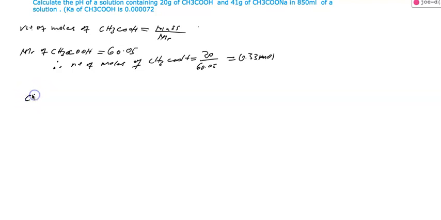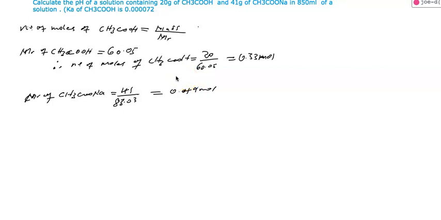That will be the mass again, which is 41, divided by the relative molar mass of sodium ethanoate, which is 83.03, and that should give us 0.49 mole. Okay, so now we know the moles of the base and the salt.